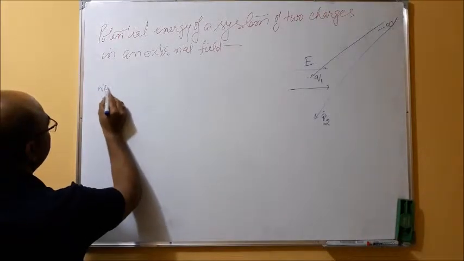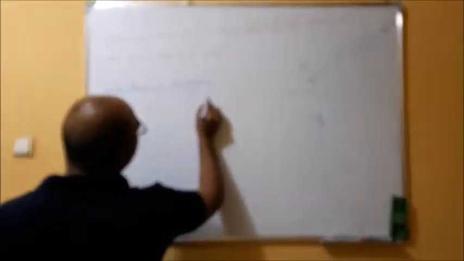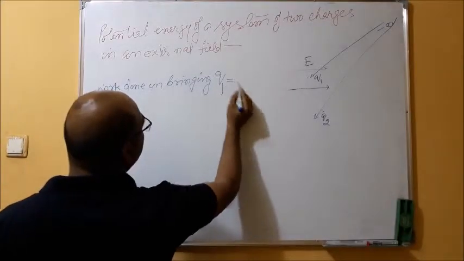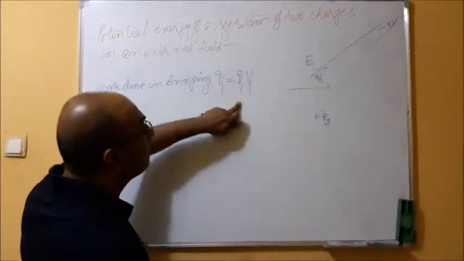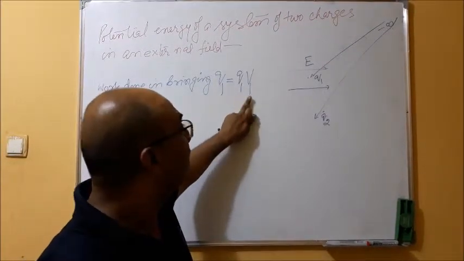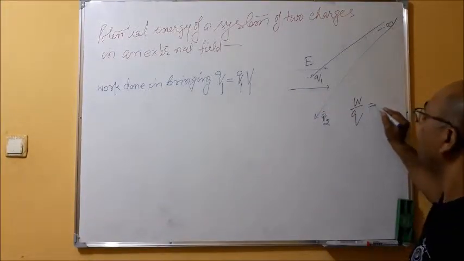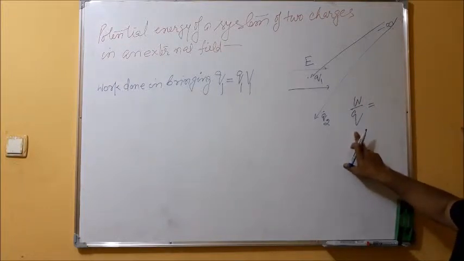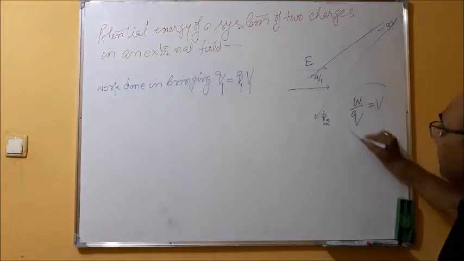The work done in bringing Q1 will be Q1 multiplied with V1, because V1 is the potential developed, and you know that work done per unit charge is given by potential.